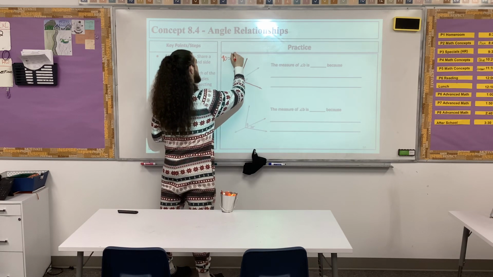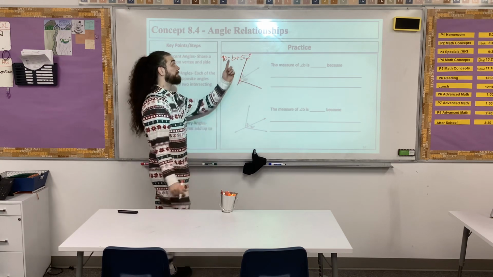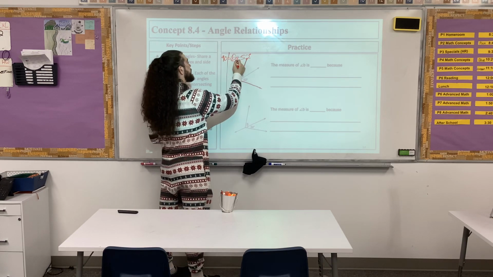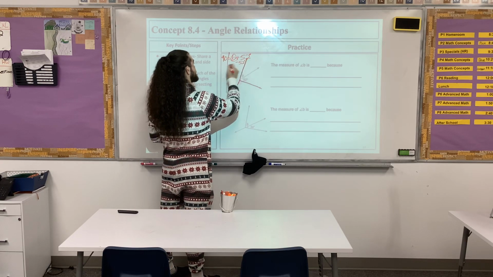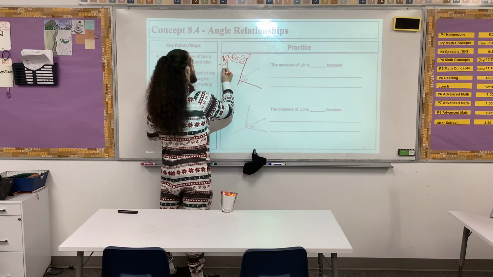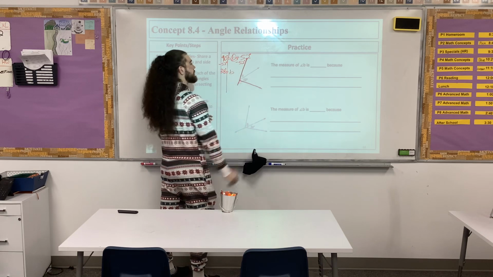90 equals angle B plus the angle with 52 degrees, right? I need to figure out what angle B is, so I'm going to go a vertical line through my equal sign, circle my variable, and use inverse operations. Minus 52 degrees, minus 52 degrees. That leaves over my 38 degrees, so angle B is 38 degrees.